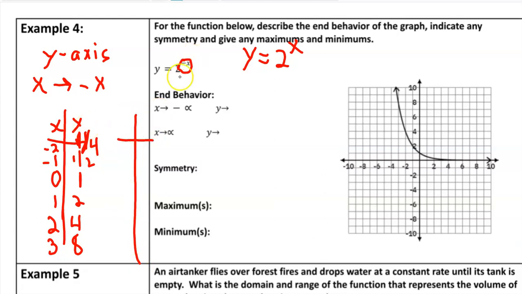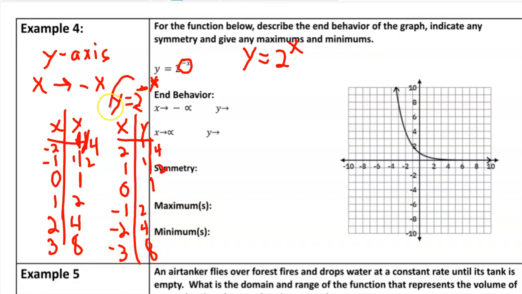So when I negate all the x's, here's my new function that I'm going to graph. Instead of negative 2, 1/4, it's 2, 1/4. Instead of negative 1, 1/2, it's 1, 1/2. 0, 1 doesn't change. Instead of 1, 2, it's negative 1, 2. Instead of 2, 4, it's negative 2, 4. Instead of 3, 8, it's negative 3, 8.